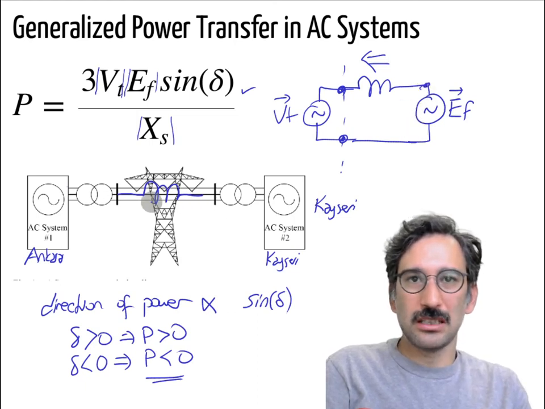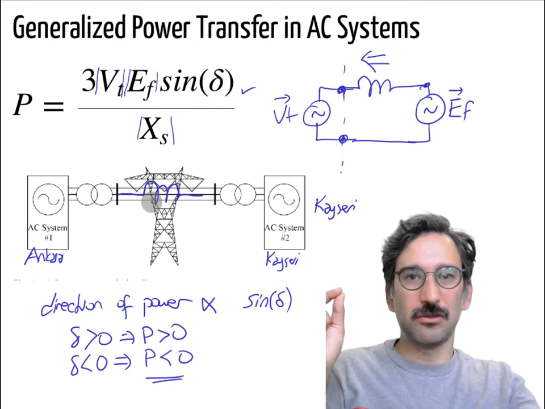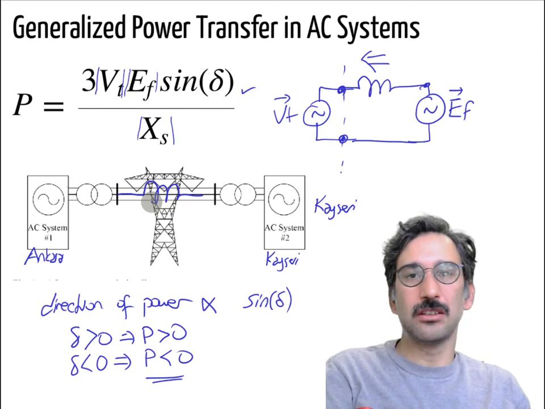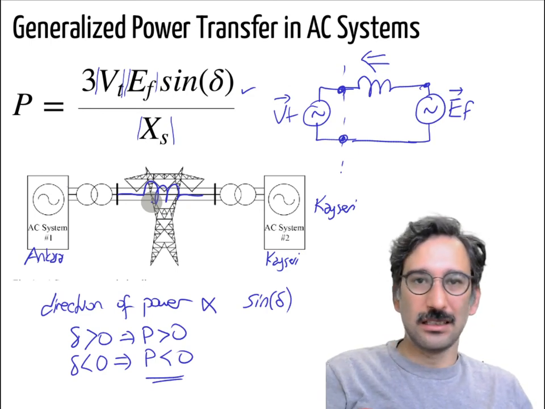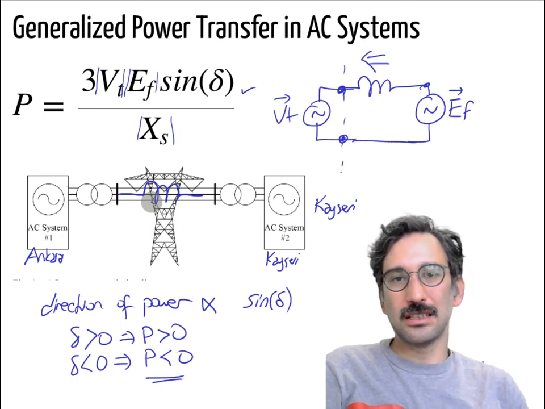So the question is, if in the transmission line the power is flowing from Kayseri to Ankara or from Ankara to Kayseri, how can you measure that? You can connect current sensors, voltage sensors, that kind of things.